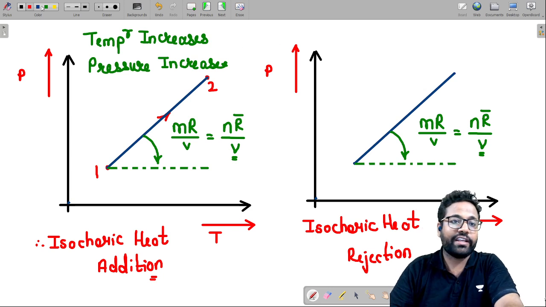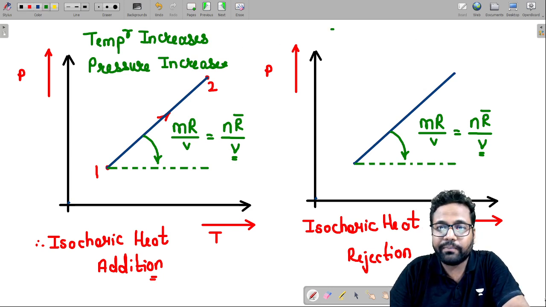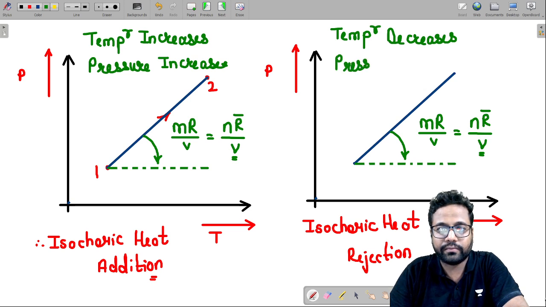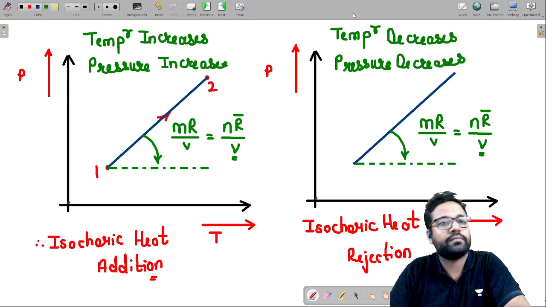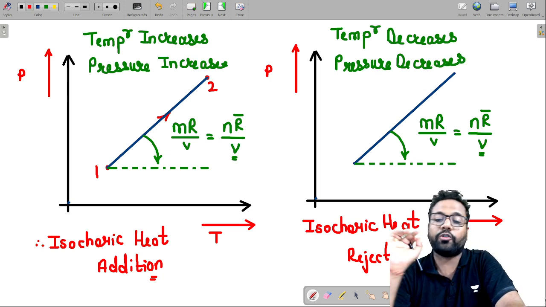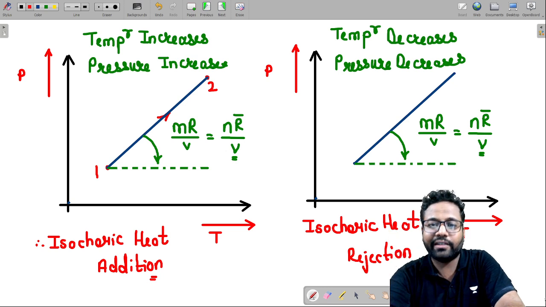And for heat rejection process, sir, the temperature will decrease. यहाँ पे for isochoric heat rejection, actually it is for ideal gas only, undergoing an isochoric heat rejection, बच्चा.